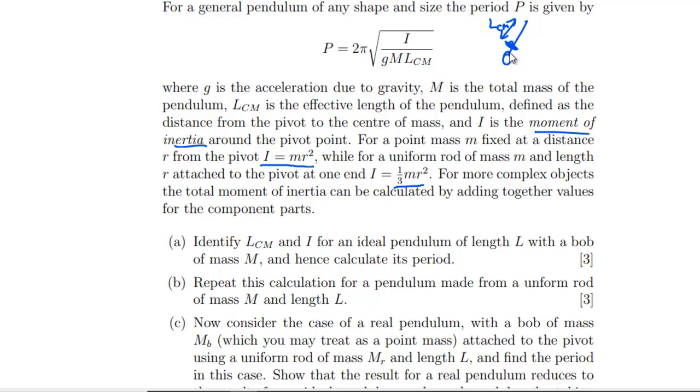Identify L_CM and I for an ideal pendulum of length L with a bob of mass m. So that's where the rod doesn't have any mass. We've just got a bob at the end. L_CM, I'm sticking it up here because I think space is going to be at a premium in this. L_CM, the center of mass, is just going to be all the mass in the bob, so it is going to be equal to L, the length of the pendulum, because there's no mass at all in the rod.